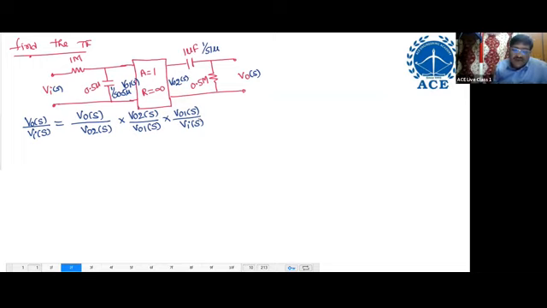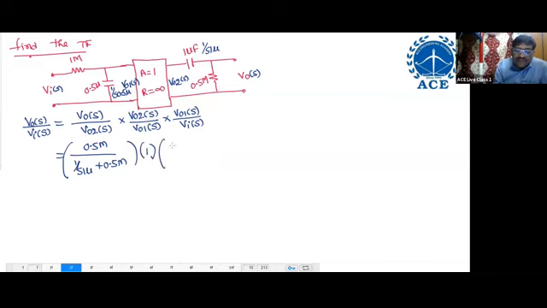Now write V0 by V02. V0 is 0.5 mega by V02, which is 1 by SC, 1 micro, plus 0.5 mega, over 0.5 mega. Next, V02 by V01, 1.